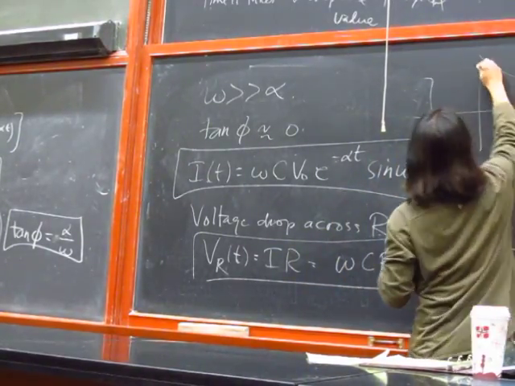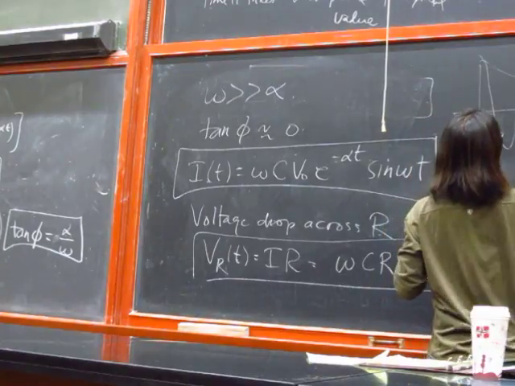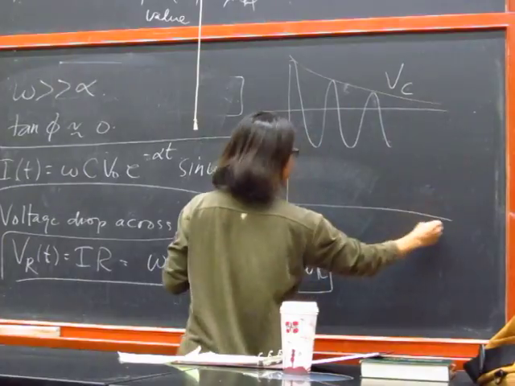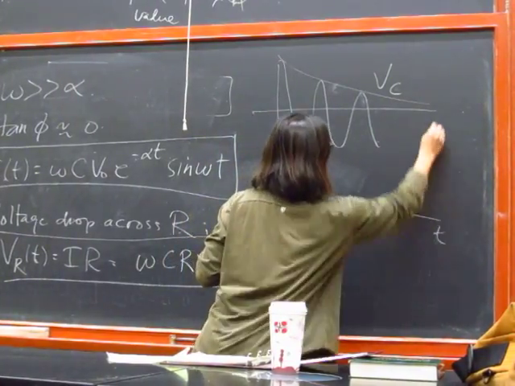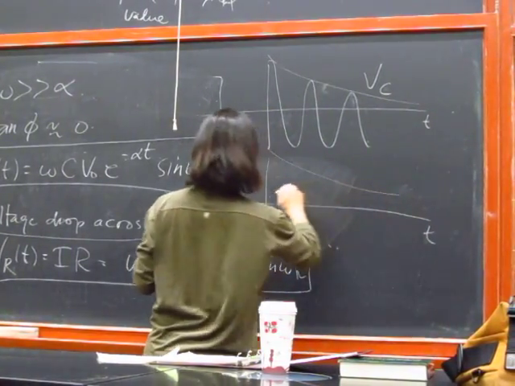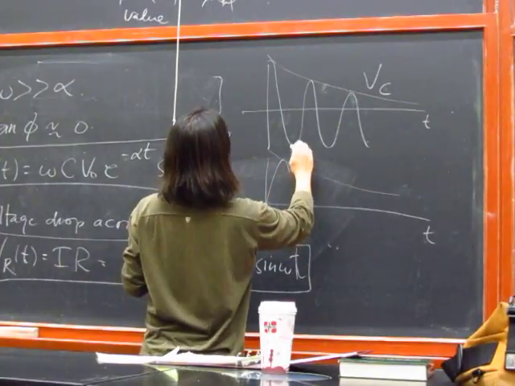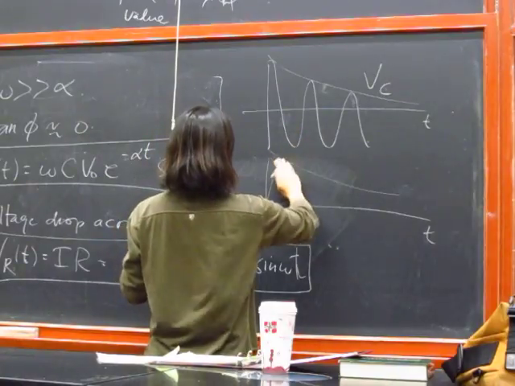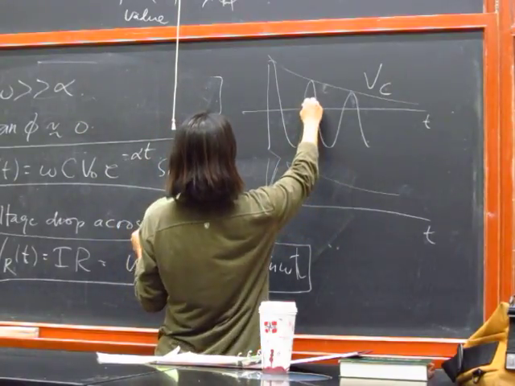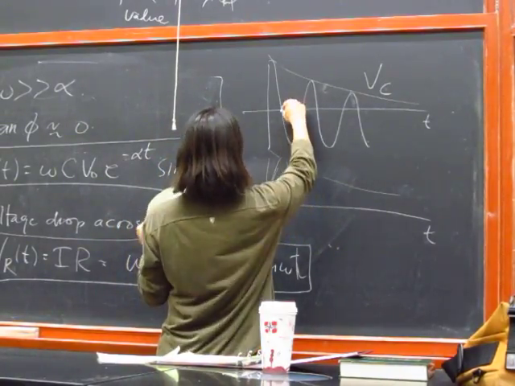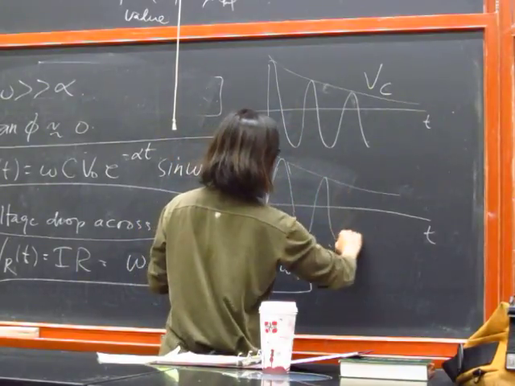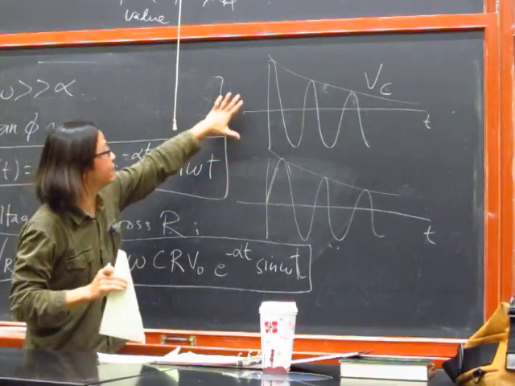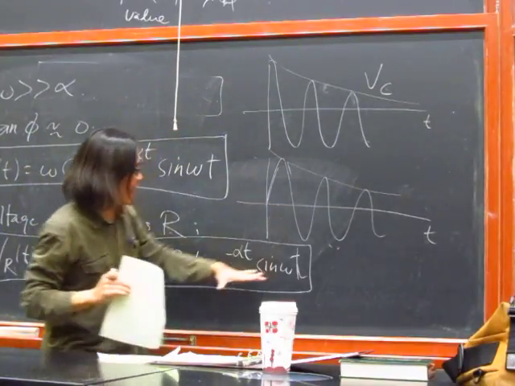I can draw it again here, using the envelope. This is across the capacitor. This is across the resistor, as a function of time. I'm probably not drawing this perfectly, but you get the idea. There is a lag here.